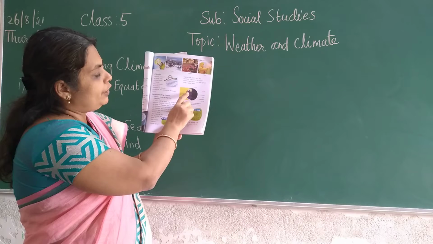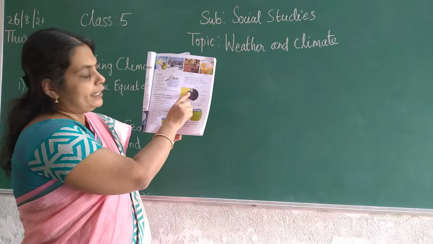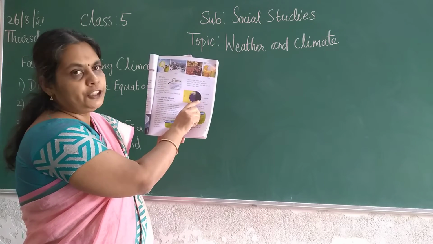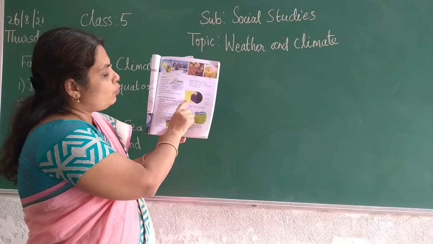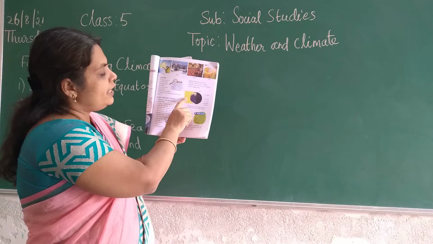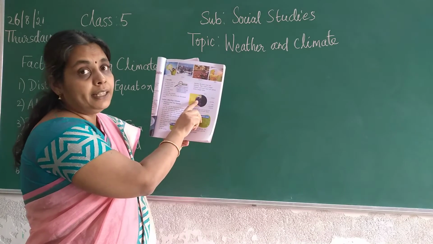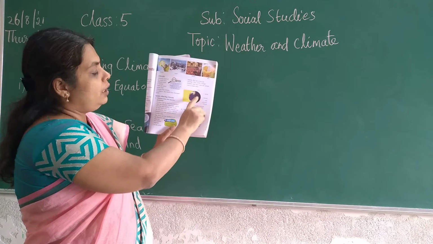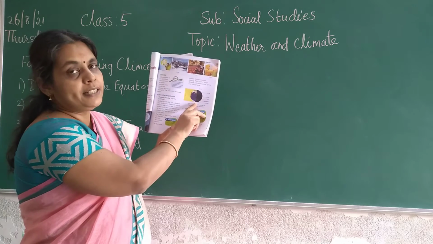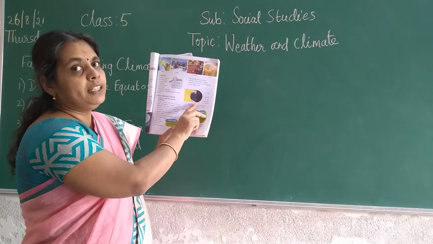Observe, we know that the equator is the greater circle which divides the earth into two equal parts. So it is at the center children. The sun's rays are maximum at the equator, whereas near the poles, the northern pole and the southern pole, the sun's rays are received less.